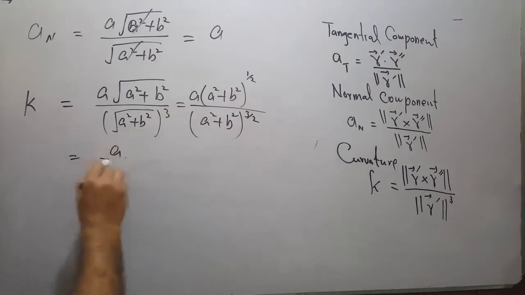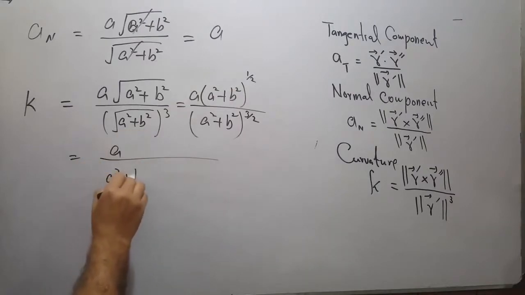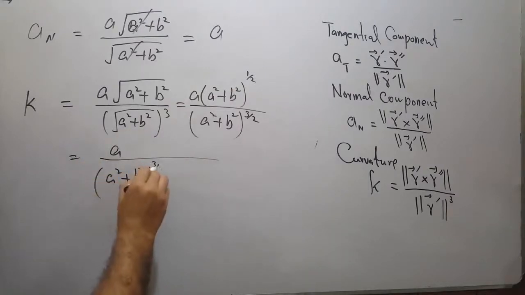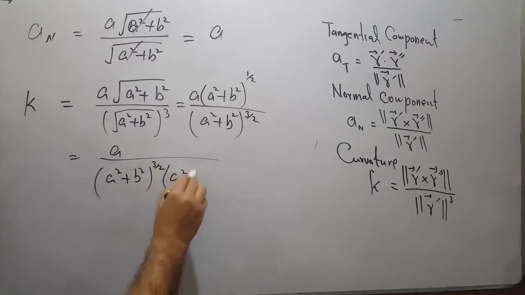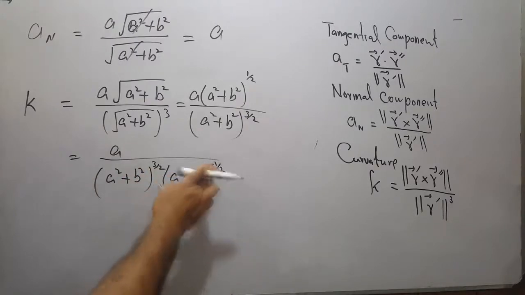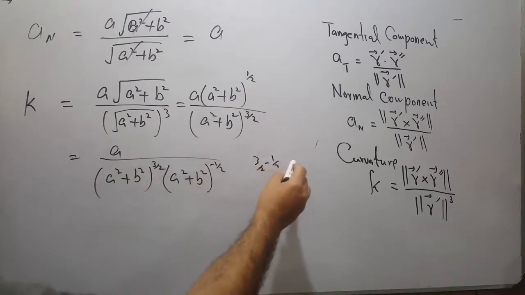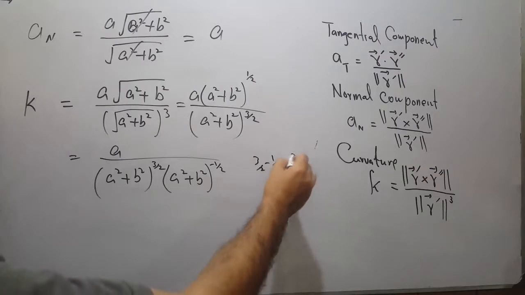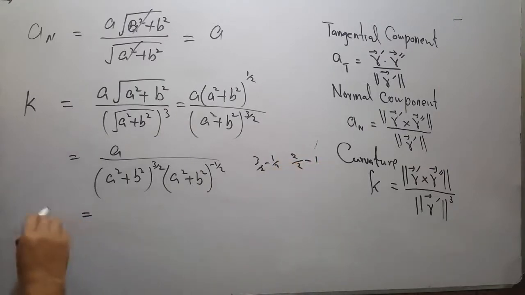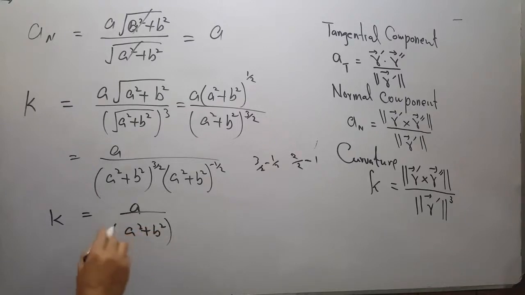If we take this down, it becomes a square plus b square to the minus 1 over 2. When bases are the same, you add the powers. If you add 3 over 2 minus 1 over 2, that gives you 2 over 2, which cancels out and gives you 1. So kappa would be a over a square plus b square to the power 1. So you just write that down.